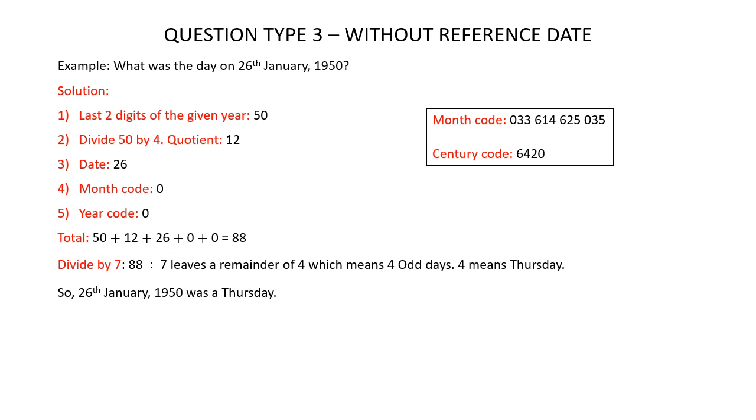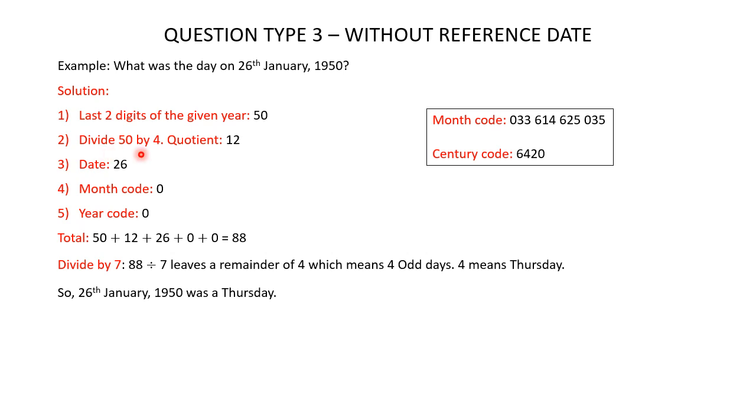Now let's find out what day was 26 January 1950 using the shortcut method. In the shortcut method, first step is to find the last two digits of the given year. Here the given year is 1950. The last two digits of this year is 50. So the last two digits of the given year is 50.